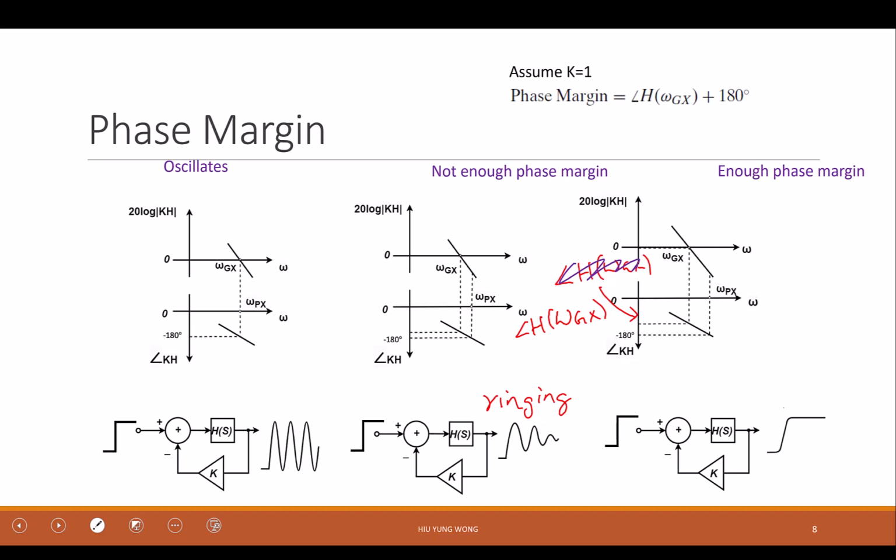Do you remember? You don't remember? Okay. Definitely more than 45 in a practical case. Yeah. Okay. 60 would be a good one. So for example, this difference is like 60 degrees.